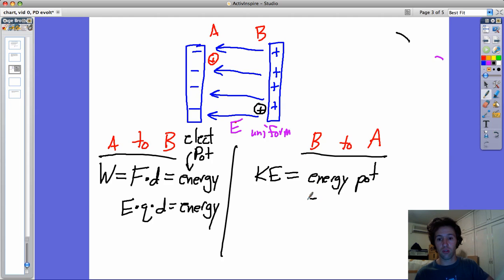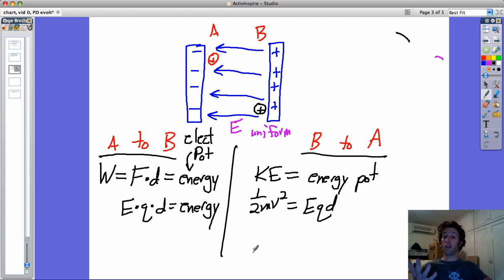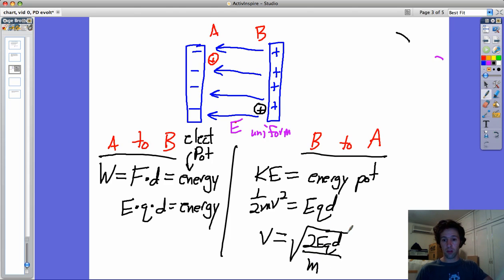So you've got your electric field times Q times d is equal to kinetic energy, 1/2 mv squared. Let's say you wanted to solve for the velocity. You would just rearrange this and you'd end up with this kind of crazy equation, which may look weird, but it's not too hard to work the algebra on that.